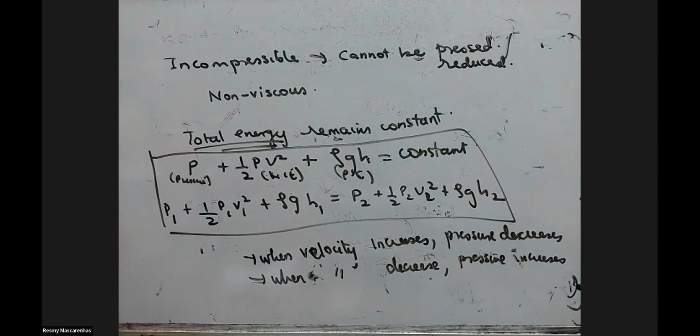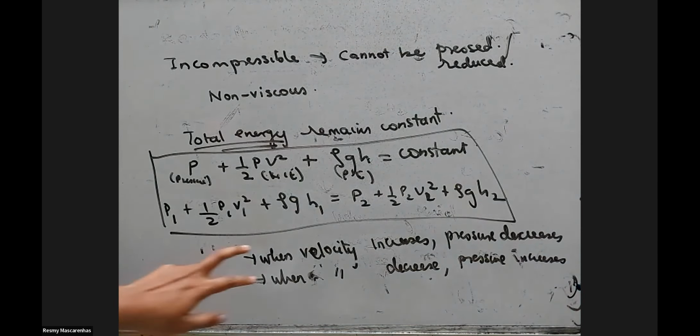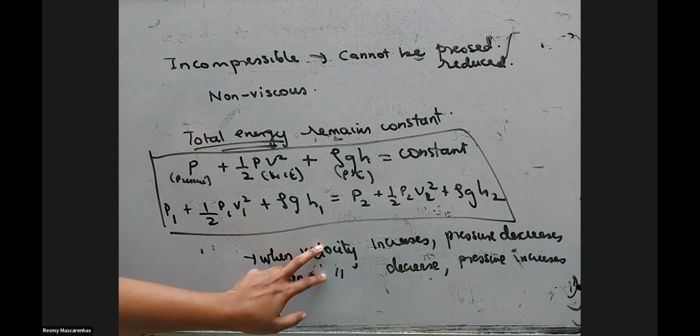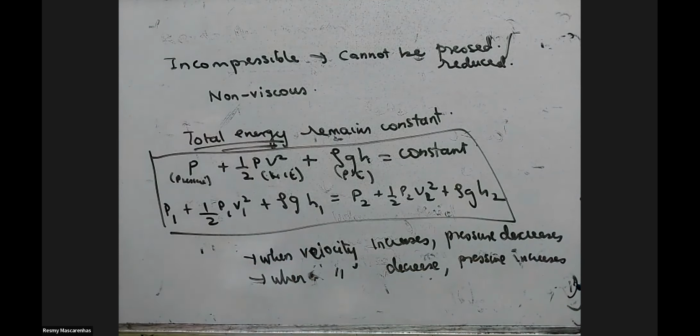Now, based on this, we will see the applications of Bernoulli's theorem. Only this much you need to know for the applications which I'm going to explain next. So remember, whenever velocity is high, pressure is low. Whenever pressure is high, velocity will be low.